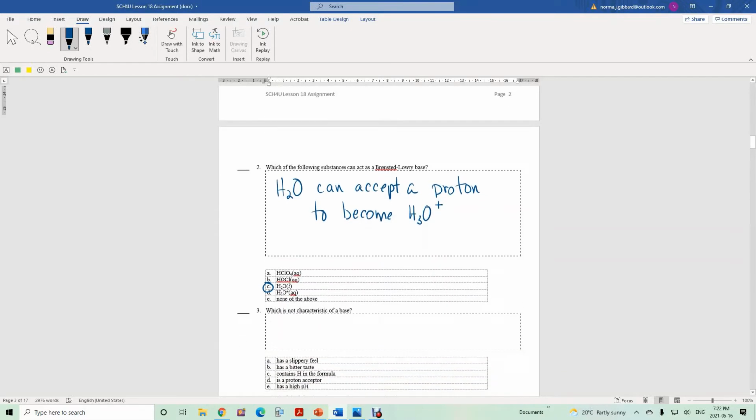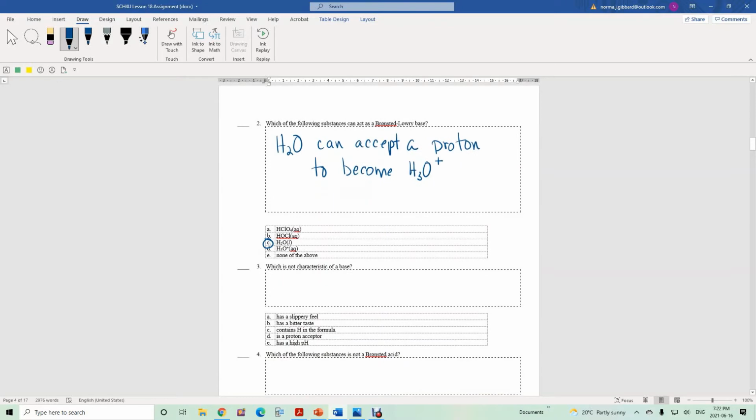Okay, now we'll look at number 3. Which of the following is not a characteristic of a base? And that would be option H. No, sorry, E.